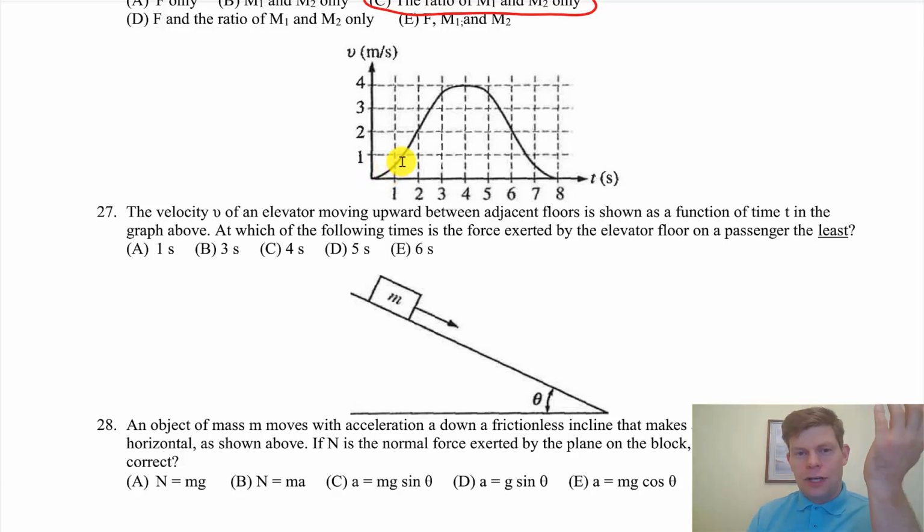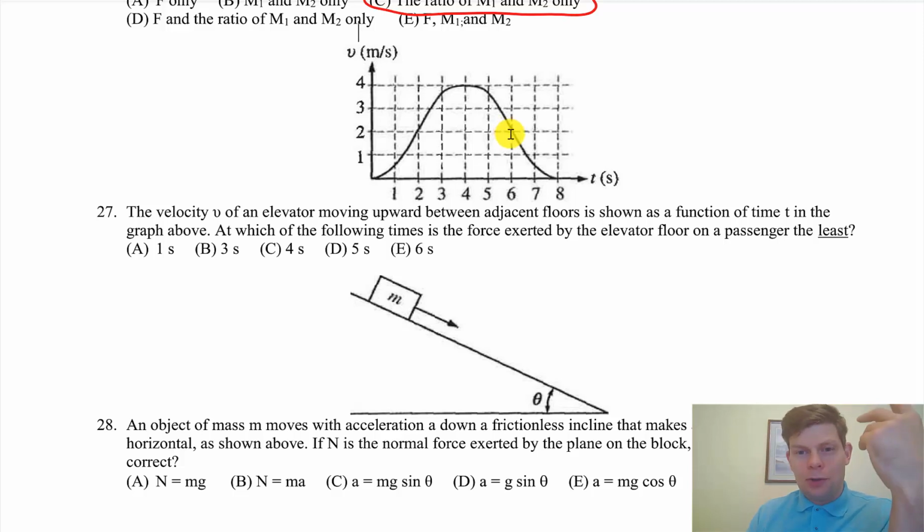So when you're accelerating up, the floor has to push up on you enough to fight gravity and to start you accelerating up. And then you reach a constant cruising velocity and you feel pretty much as heavy as normal. The floor is pushing on you just enough to fight gravity. But then you start slowing down for your floor. At that point, while it's slowing down, it wants you to accelerate down.